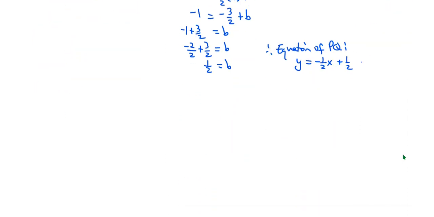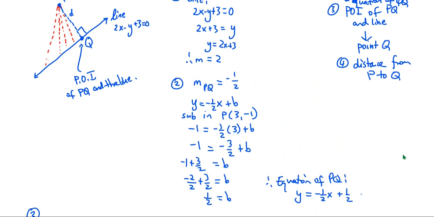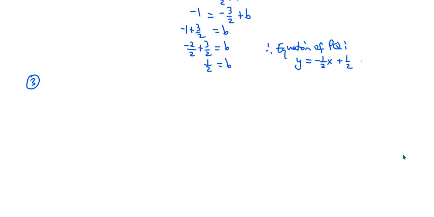So for step 3, I'm going to have to set up a system of equations. So equation 1 was 2x minus y plus 3 equals 0. So 2x minus y plus 3 equals 0, little equation 1. And then my second equation is y equals negative 1/2 x plus 1/2.